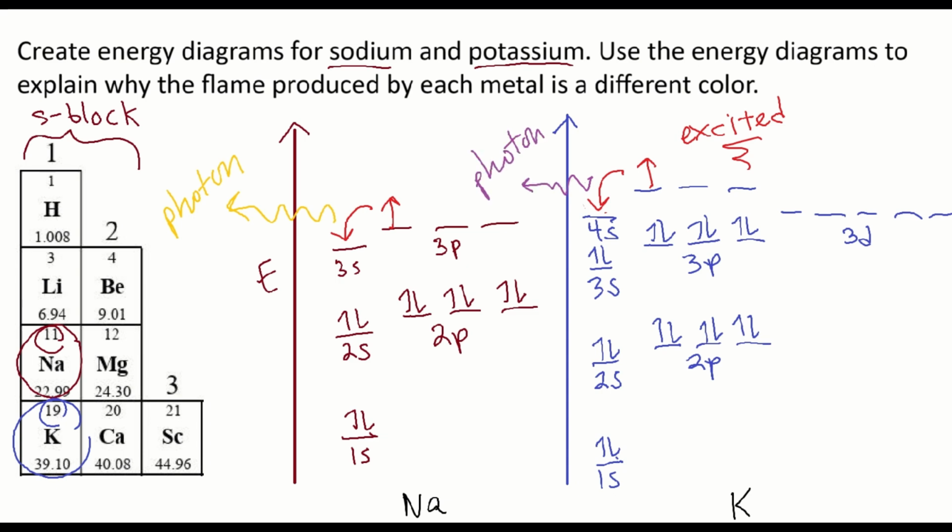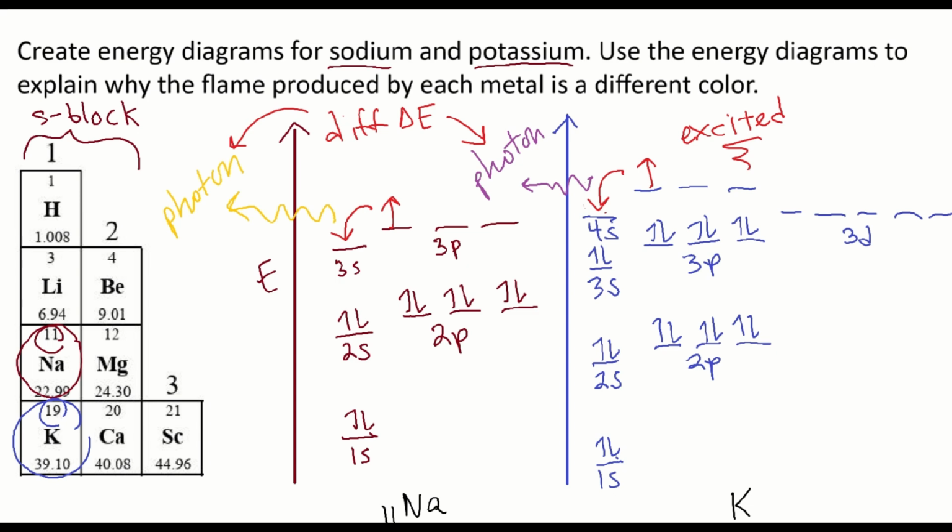And that should be clear with your energy diagram side by side. The differences in energies, the delta E, between any 2 orbitals in these atoms are different from each other. And part of the reason for that is the nuclear charge is different between sodium and potassium.